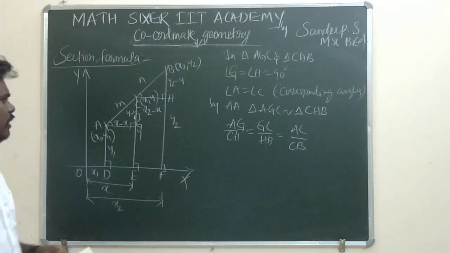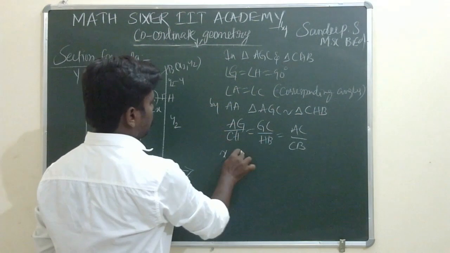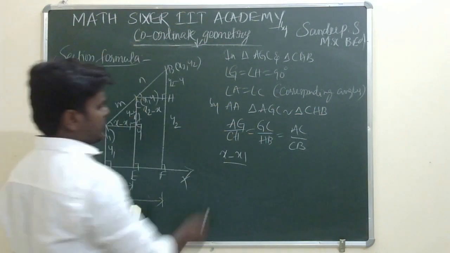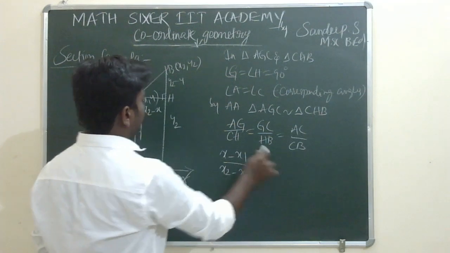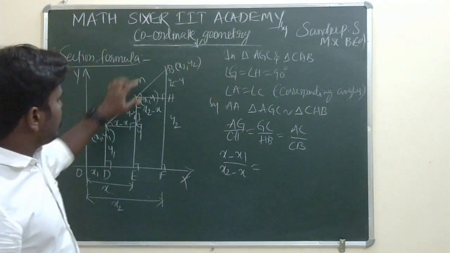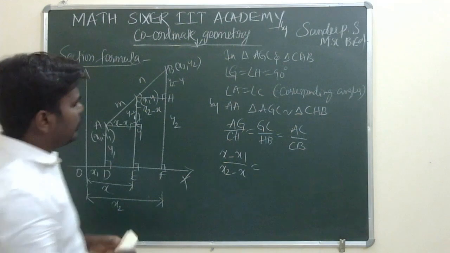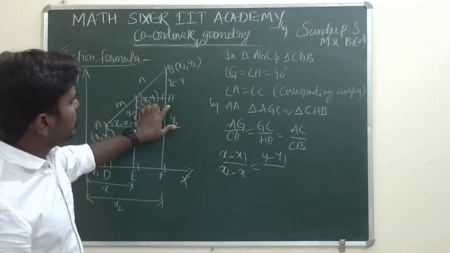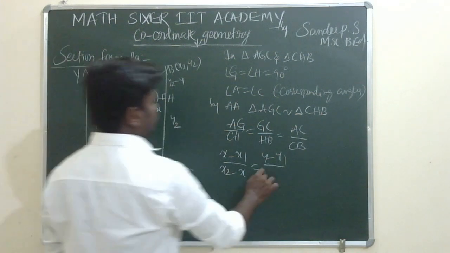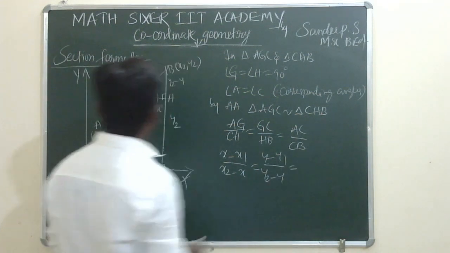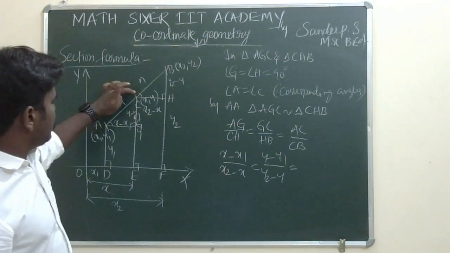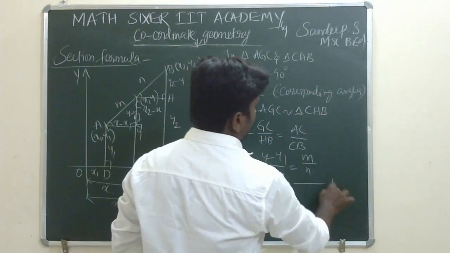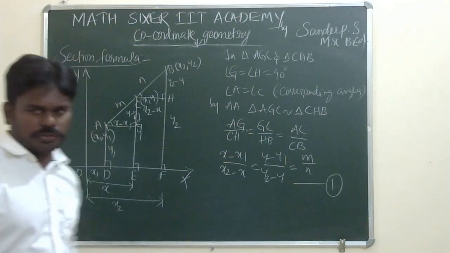AG is x minus x1, CH is x2 minus x, GC is y minus y1, HB is y2 minus y, and AC is m and CB is n. Now take this as the first equation.